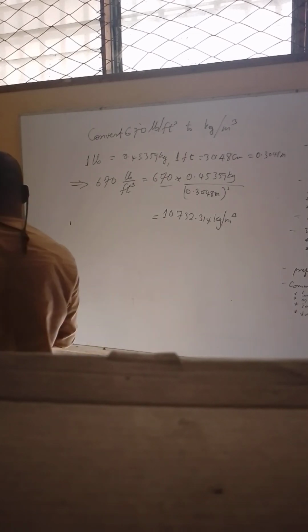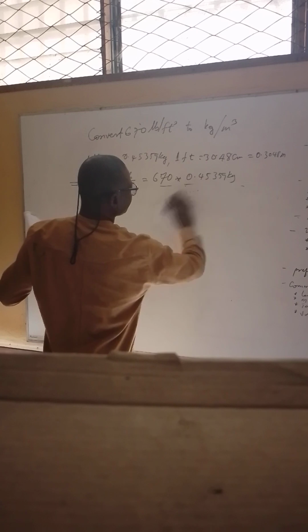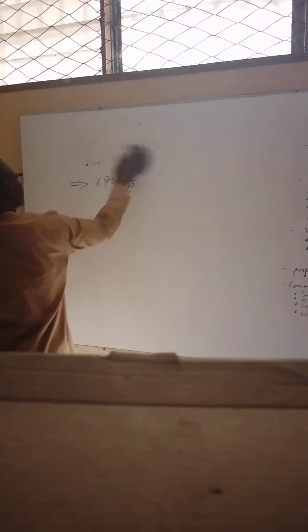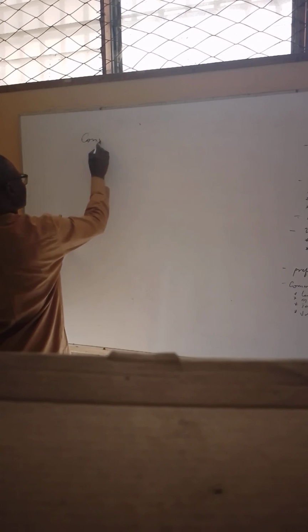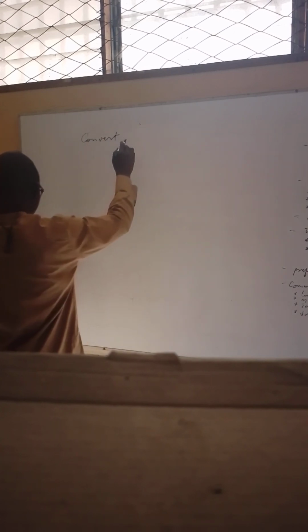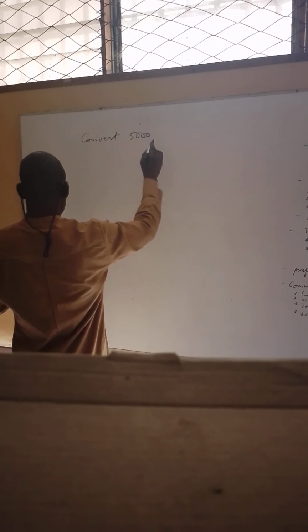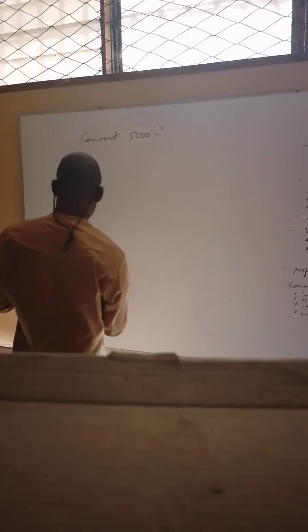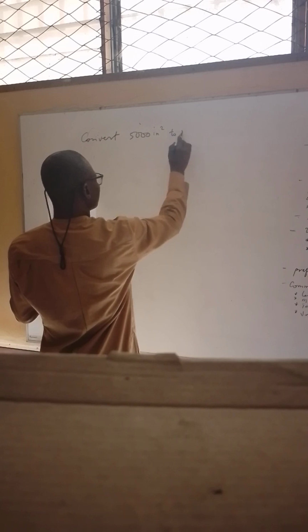And then our penultimate example, last but one. Before we close for the lecture today, convert 5,000 inch squared to meter squared.